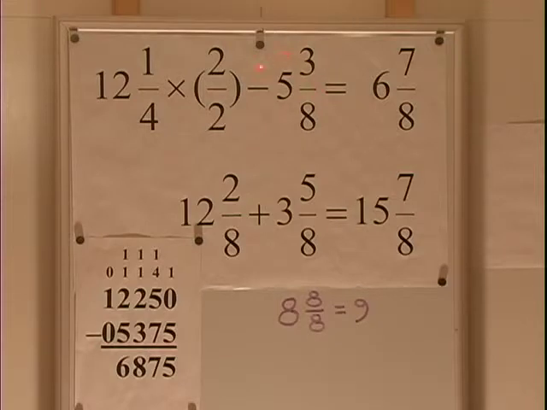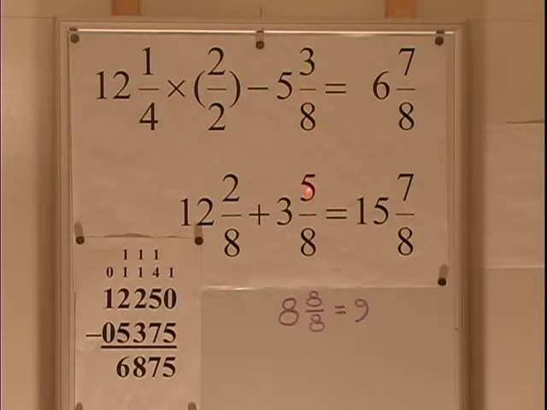I want to do it, of course, by a 9's complement procedure, so I have to find a 9's complement of 5 3/8. So what I'll do is add a 3 to that 5. 5 and 3 is 8. Then 3/8. To make 8/8, I need 5/8.